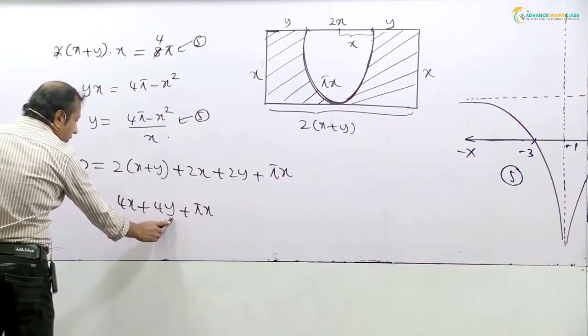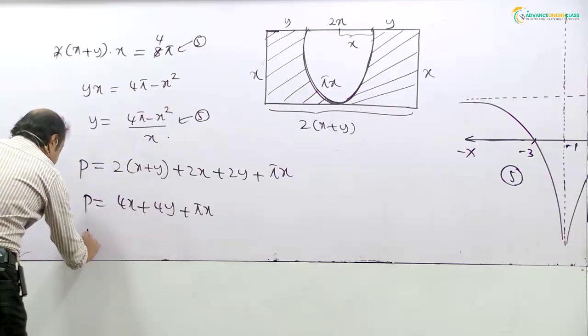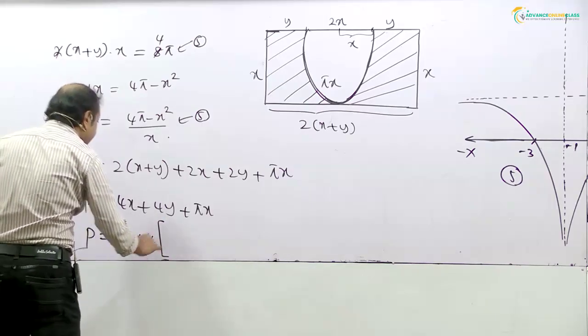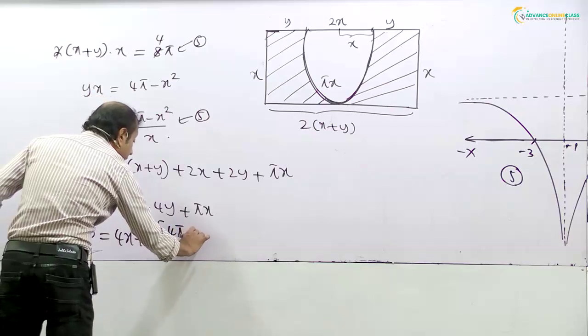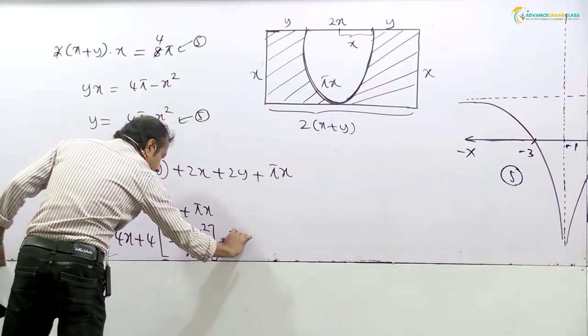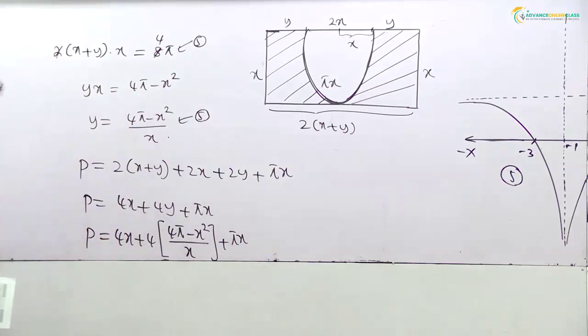Substitute for this y by this: y equals (4π minus x squared) divided by x, plus πx. Okay, simplify this, you get the next answer.